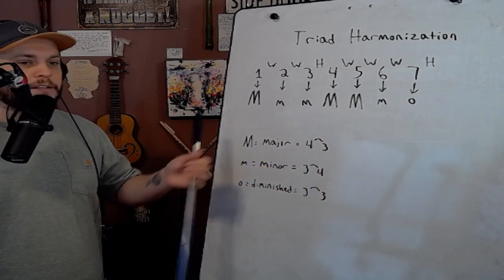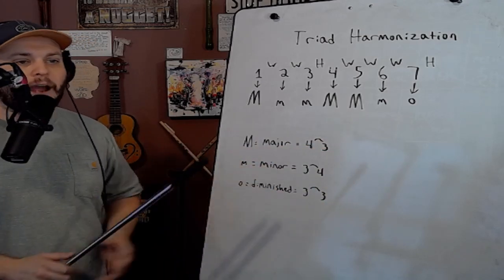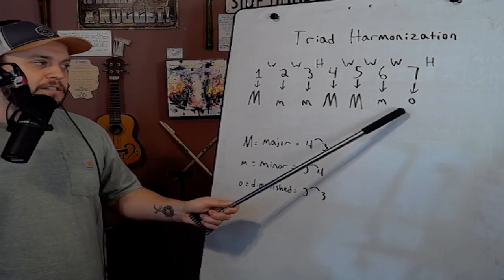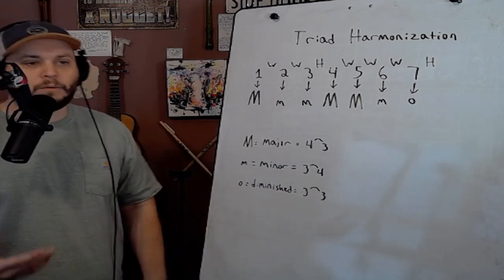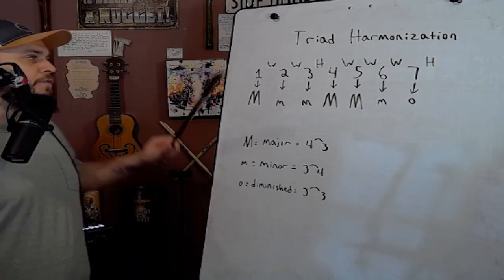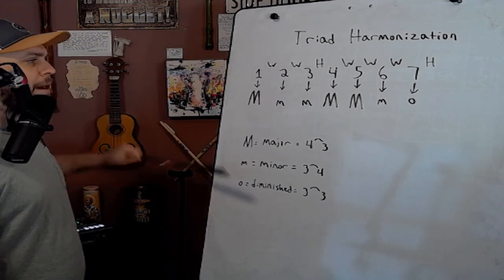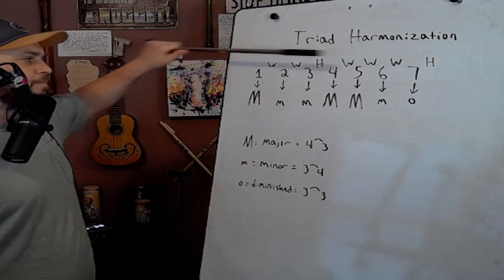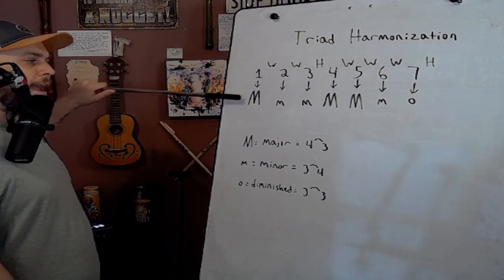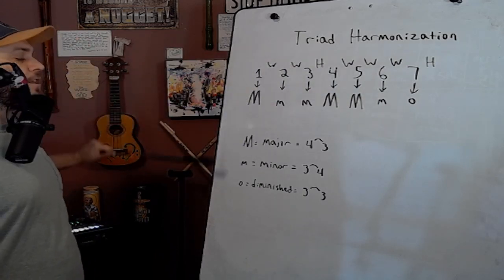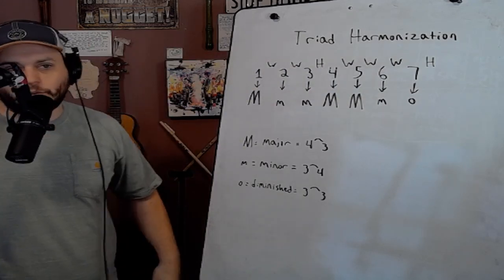That's from process of elimination. You know that there's an outlier called the diminished. That leaves the 7, and that's a diminished chord. That's how I'd recommend doing it, but whatever works for you. I would just recommend memorizing the scale intervals, the triad harmonization, and how to construct these 3 triads as soon as you can.